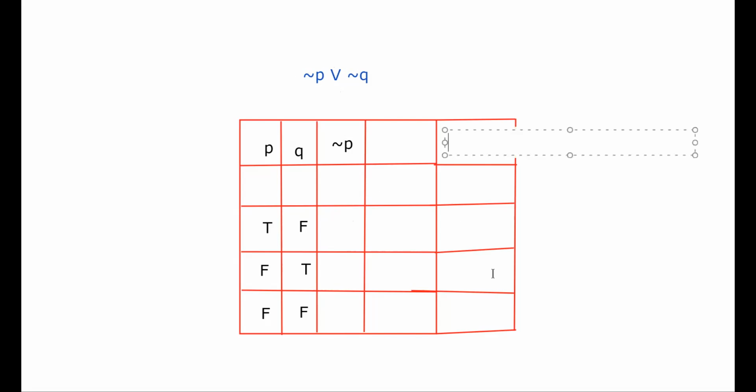So the thing we're trying to make a truth table for, not P or not Q, is going to go at the end here. In order to do it, I'm going to need a not P column and a not Q column.